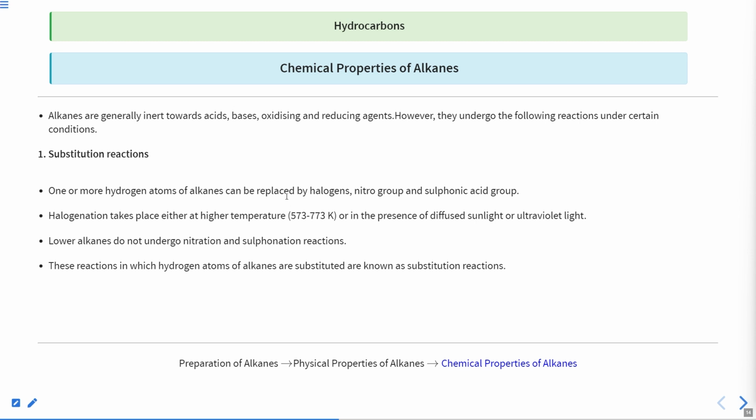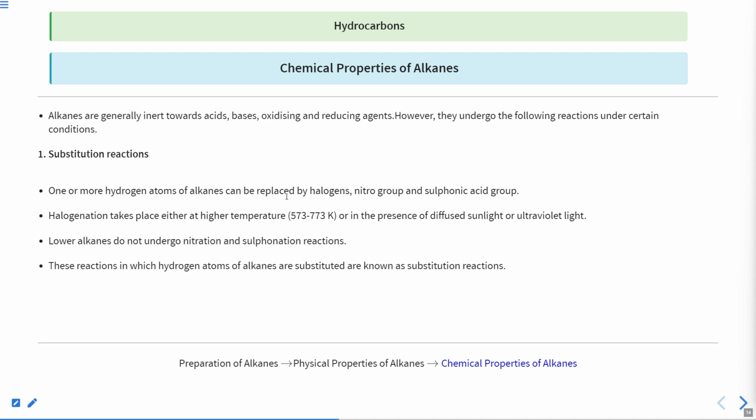If you talk about acids, bases, oxidizing and reducing agents, towards each of them they are very less reactive, because of their non-polar nature. Each reaction is driven only when there is an unsymmetrical distribution of electrons, which gives an opportunity for the upcoming reagent to attack. If there is a positive charge, a negative charge will attack; if there is a negative charge, a positive charge will attack. But since alkanes are very non-polar, it results in very low reactivity.